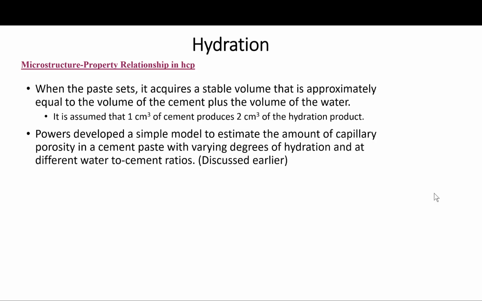Powers, who is one of the pioneers in the area of cement and concrete research, made simple calculations to demonstrate the changes in capillary porosity with varying degrees of hydration in cement pastes of different water-cement ratios, as we have seen in the previous lecture.